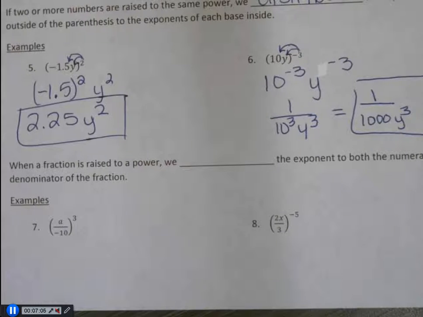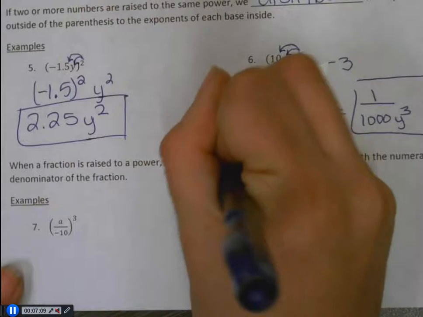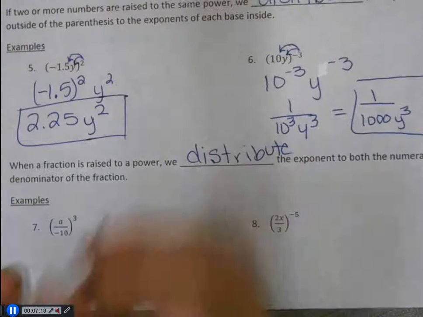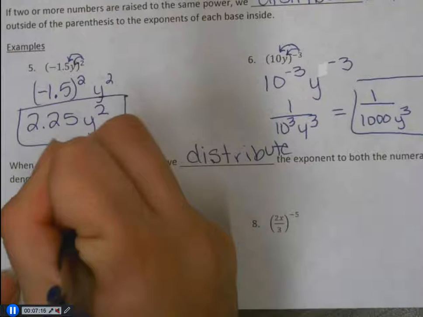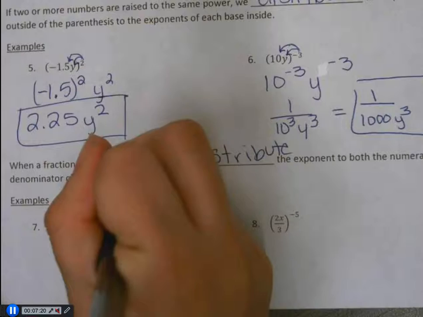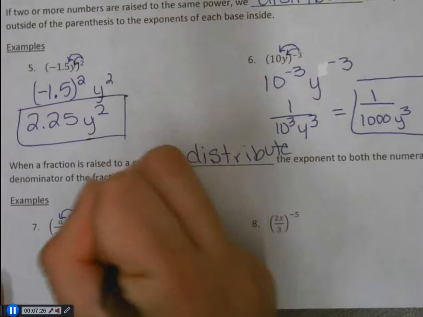Okay, so the same thing when I have a fraction, I'm going to distribute the exponent to the top and bottom numbers. So same thing, I'm going to give the 3 to the a, and then the 3 is also going to go to the negative 10, so I'm going to have it as an exponent. So it's going to be a cubed over negative 10 cubed.